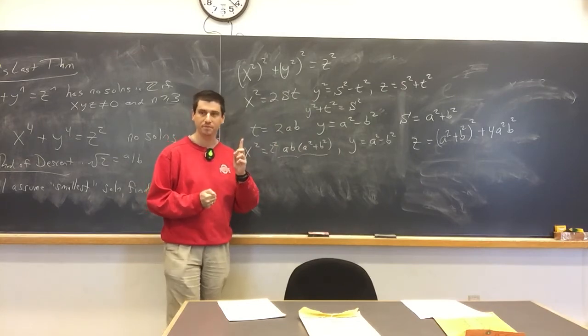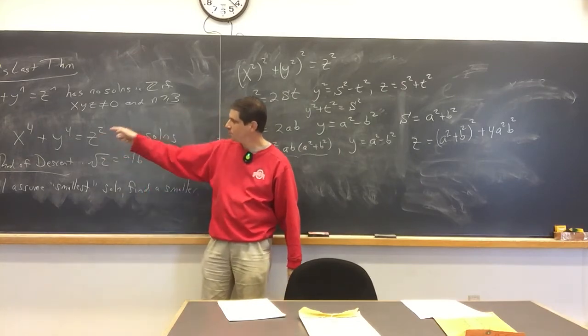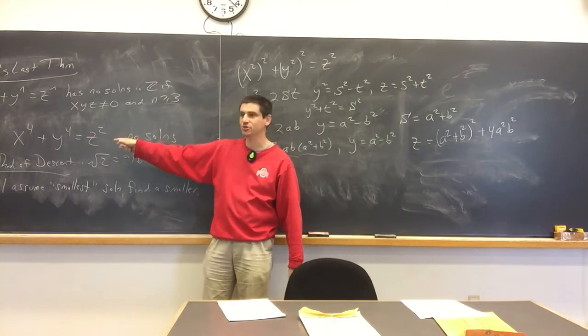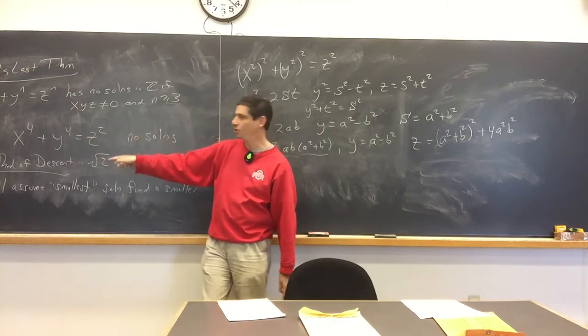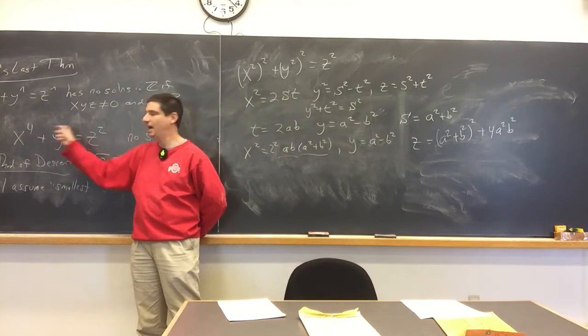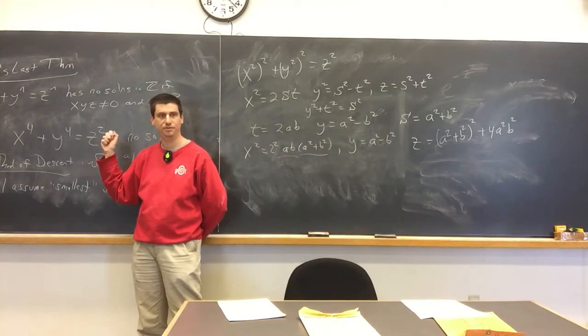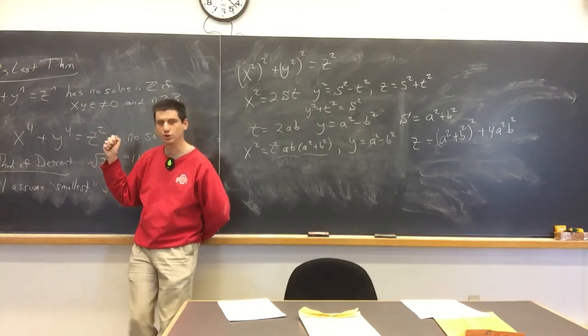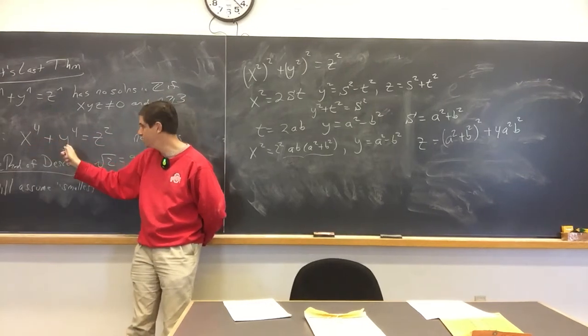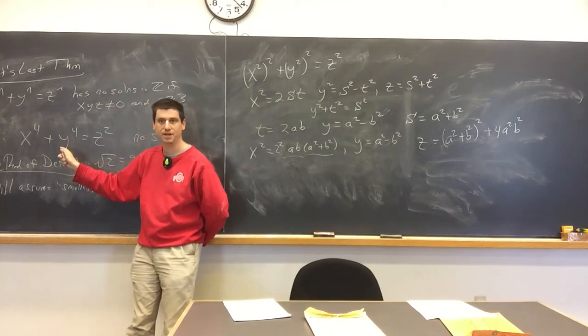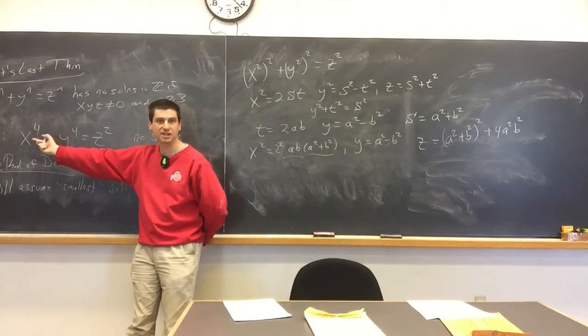We have to be careful because we have x to the 4th power, y to the 4th power, and z squared. So if it divides x once, how many times must it divide z for me to pull it out? So for instance, let's say 3 divides x and 3 divides y. Then 3 to the 4th divides the left-hand side.